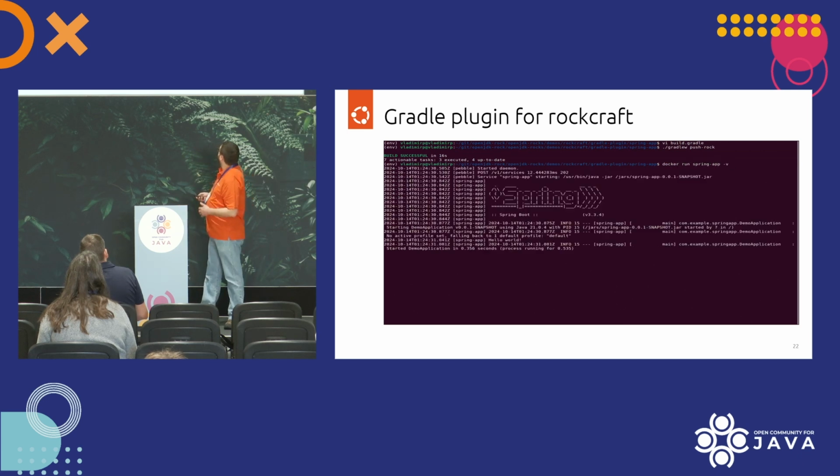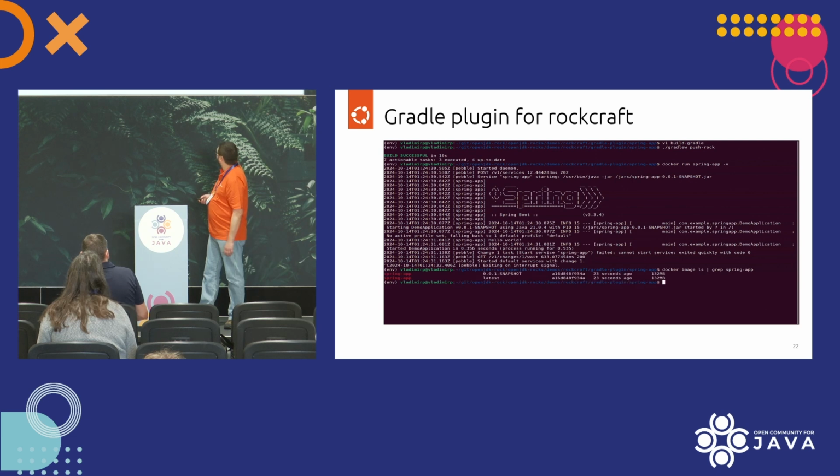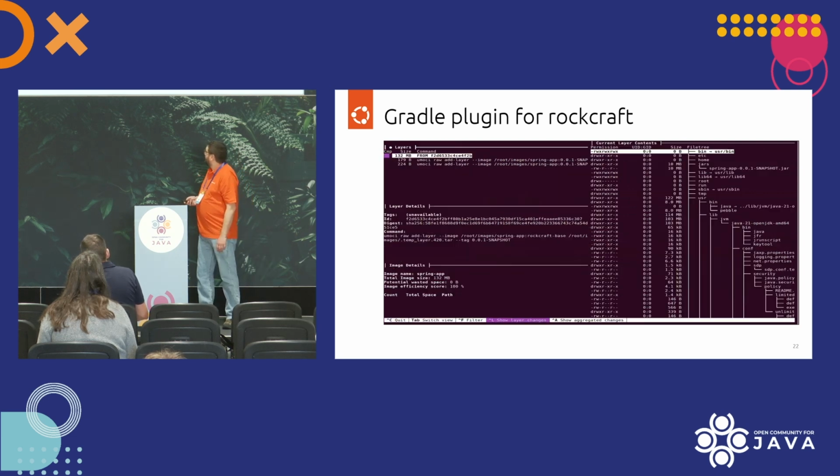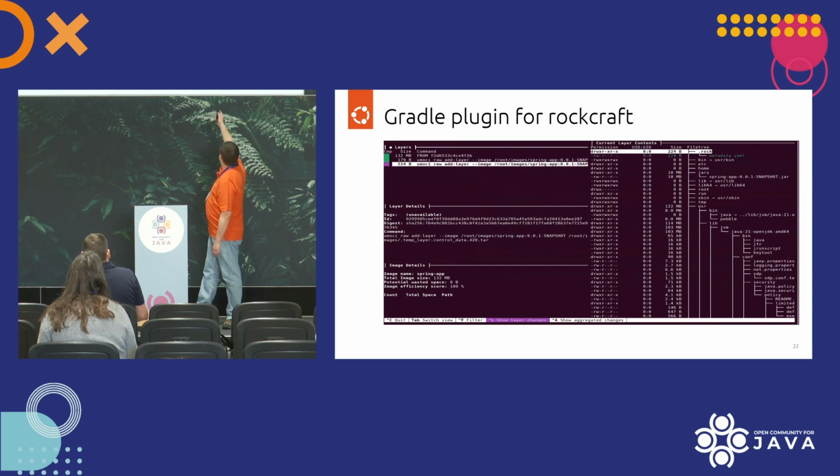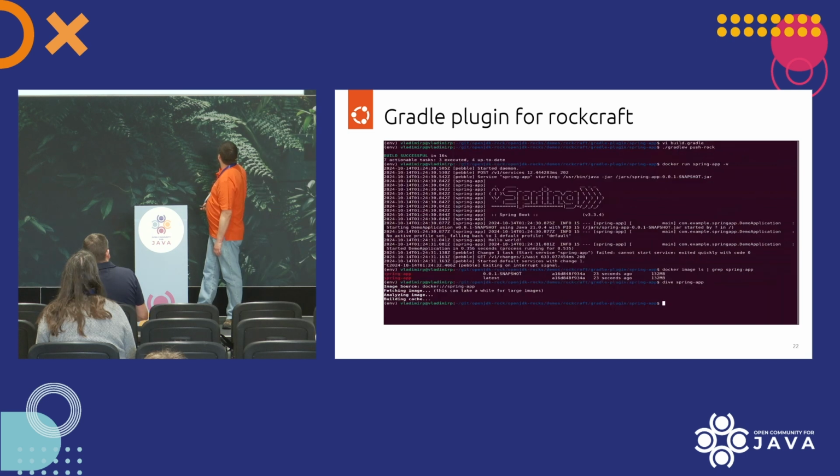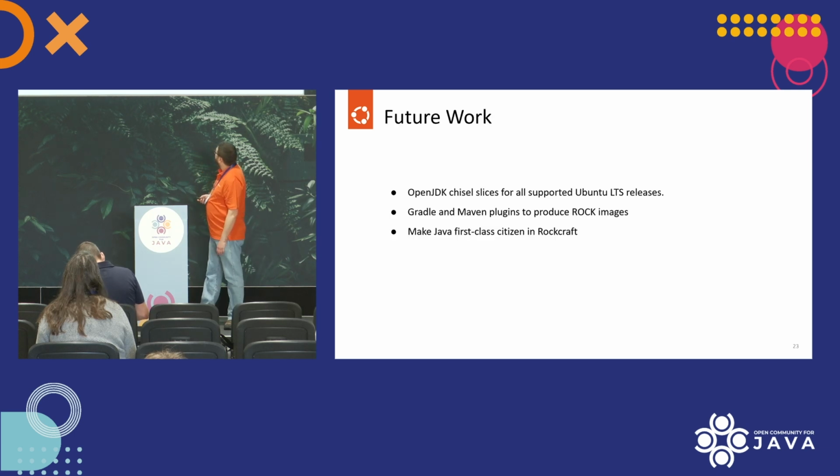So in this example, it just pushed it locally, and it was actually some Hello World application that I have built. And in the end, you can see the layout of the container. So it contains the Java runtime, your Spring application, and that's basically it, and just some minimal set of dependencies needed to run the Java application.